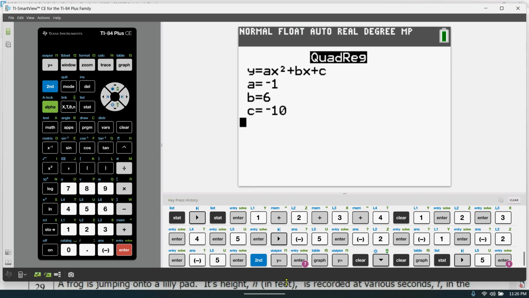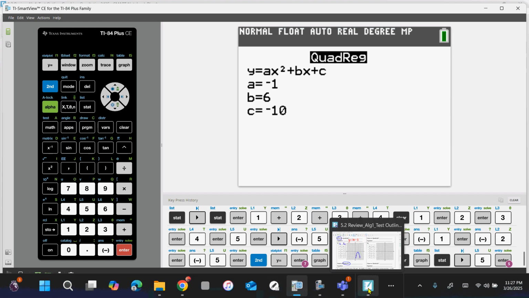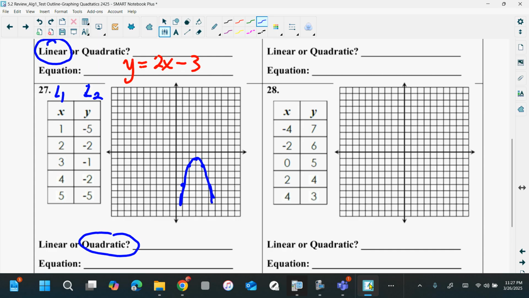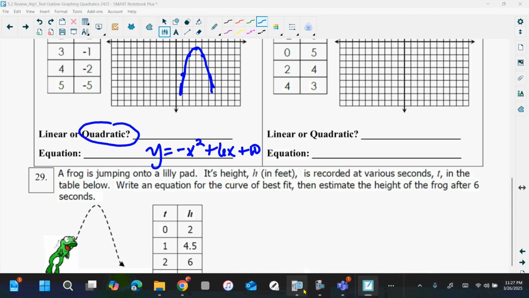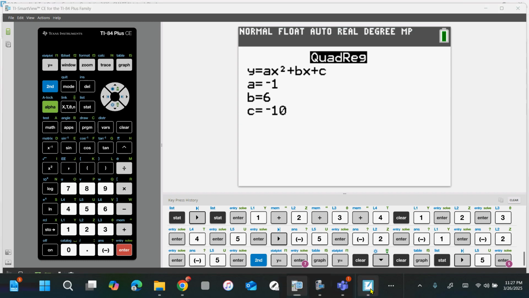So when I write the equation here, you can put the -1, or you remember 1 is always invisible. So we're going to have y equals -x squared plus 6x plus 10. I think they were all positive. I'll double check. No, -10, sorry.